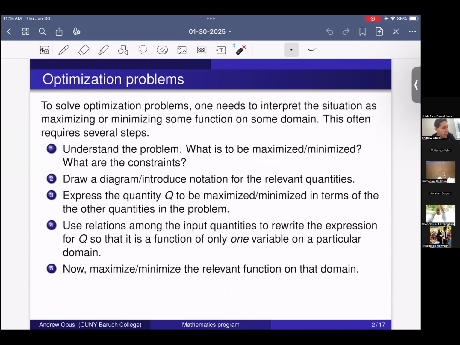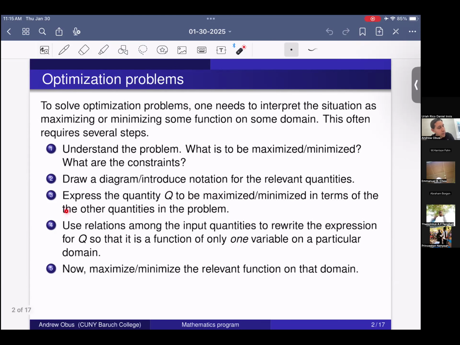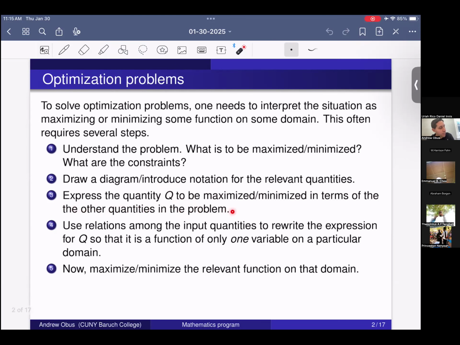The second thing is you may need to draw a diagram or introduce notation for the relevant quantities. Step 3: the quantity Q that you want to maximize or minimize, you need to write as an equation in terms of the other quantities in the problem.